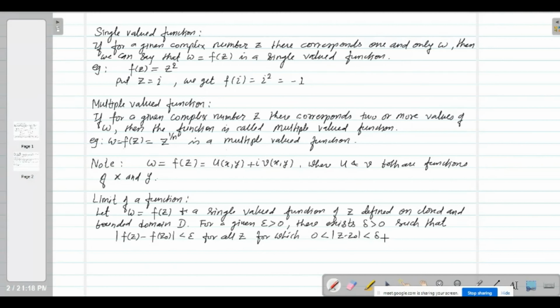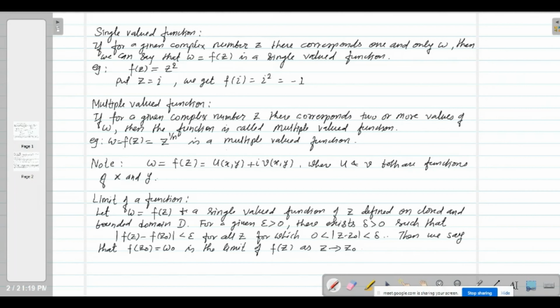Then we say that omega naught is the limit of the function f of z as z tending to z naught.